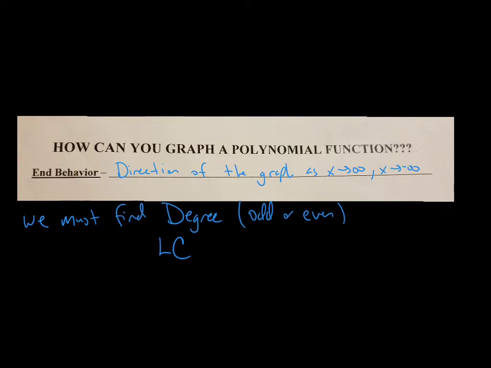Leading coefficient. You're going to tell me if that's positive or negative. Alright, so once we do that, we'll be able to graph a polynomial function. End behavior is how the graph is basically going to act after our XY chart's done.